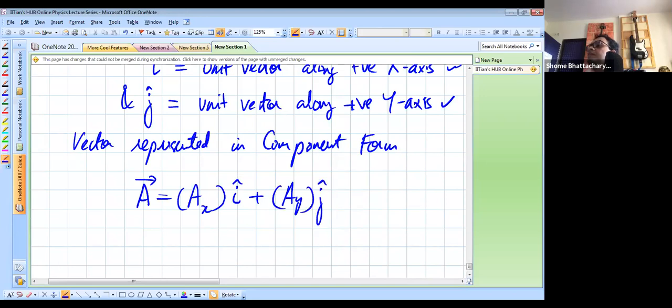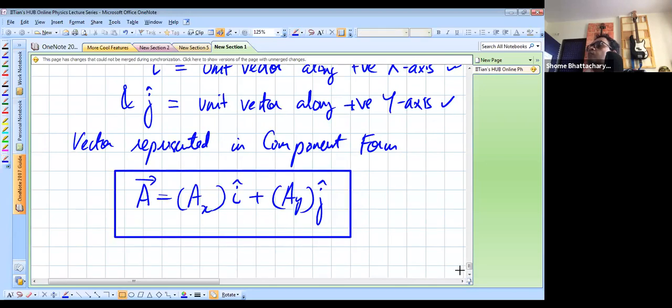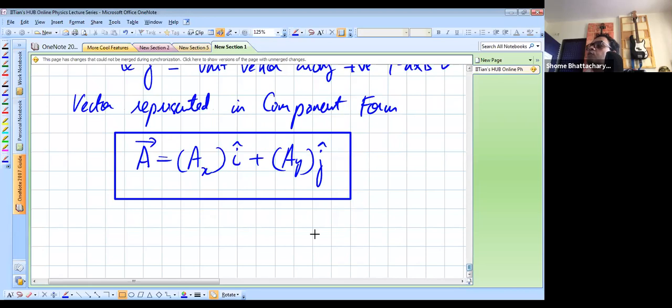So this is how we will represent it. Where what are ax and ay? They are what we call the components of the vector A along the x-axis and along the y-axis.